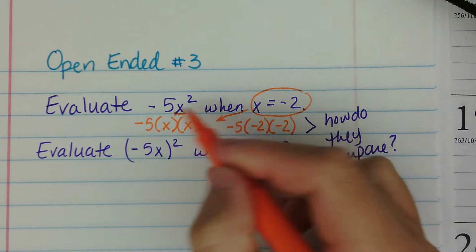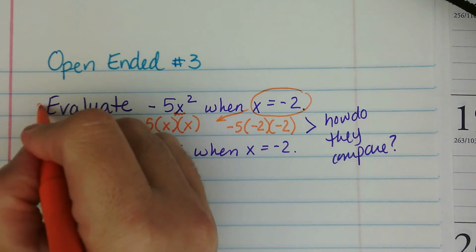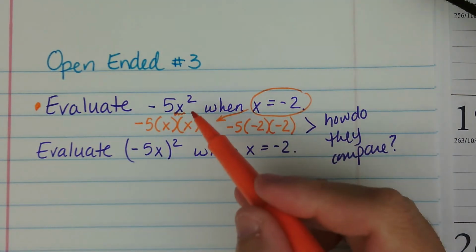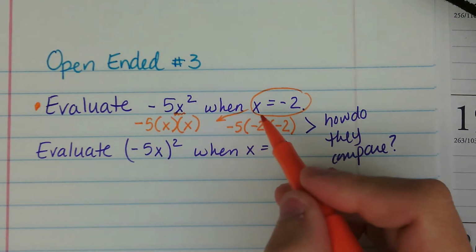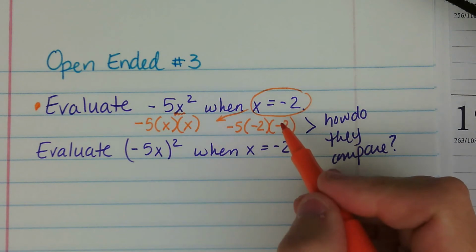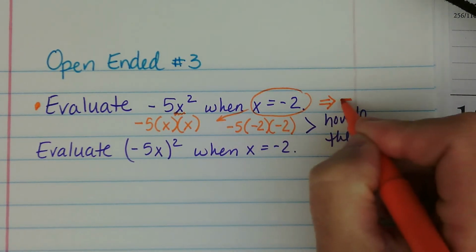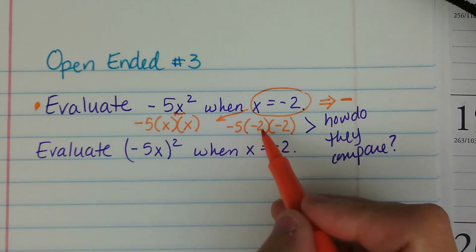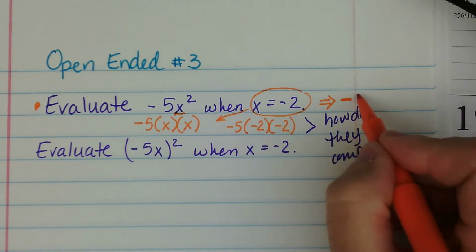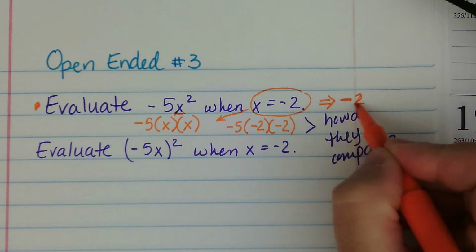So for our top evaluate that I'm doing in orange, I've got a negative times a negative times a negative. That's going to give me a negative answer. And 5 times 2 is 10, and 10 times 2 is 20. So this is negative 20.